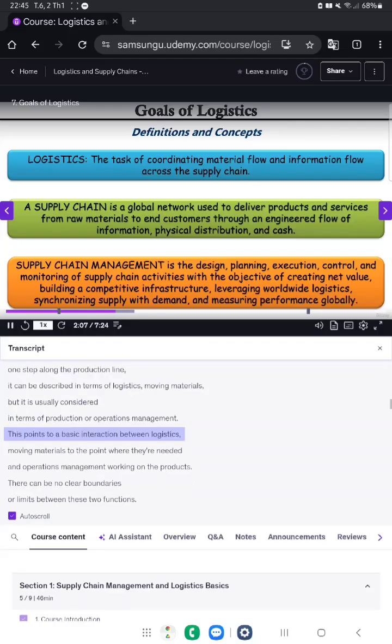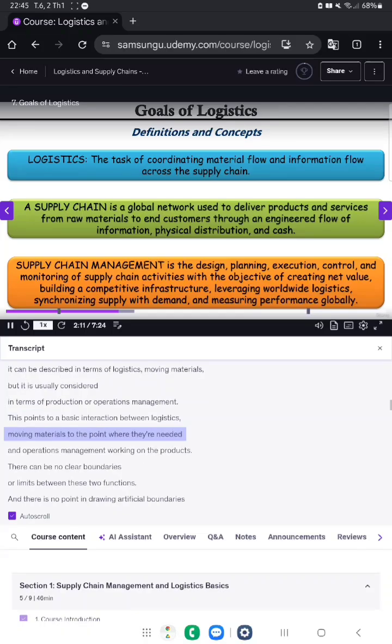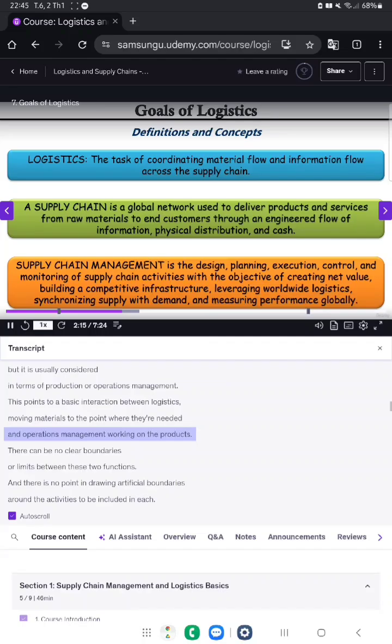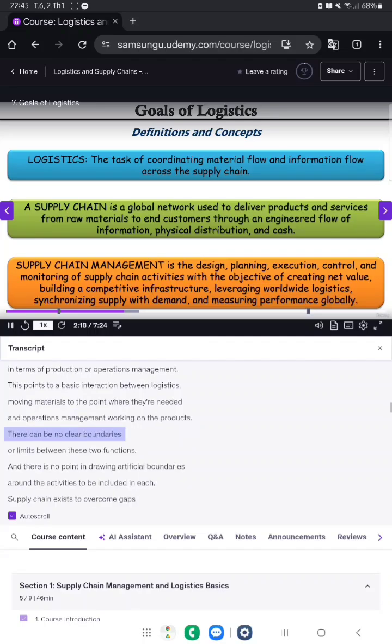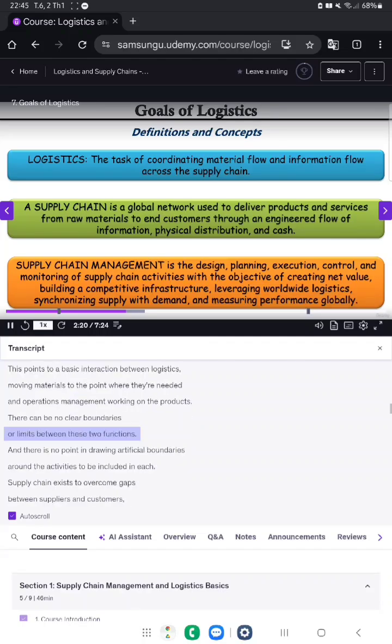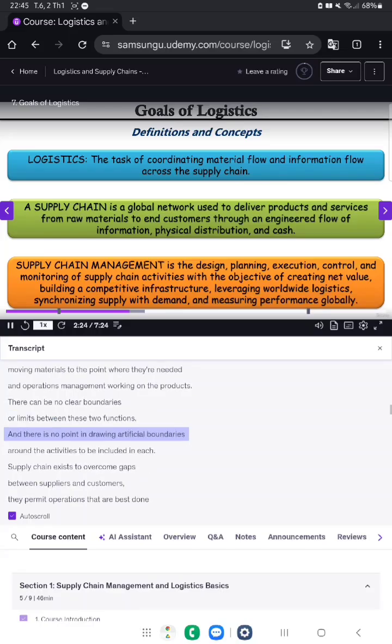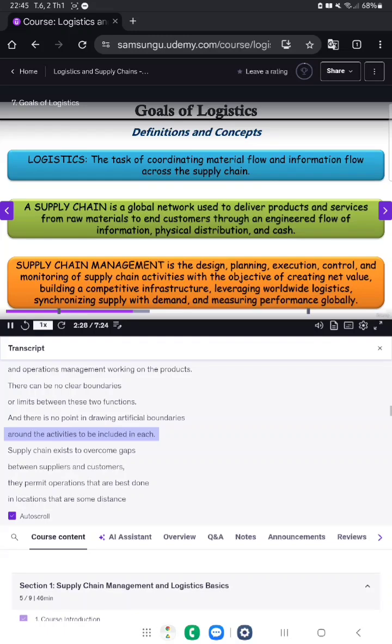This points to a basic interaction between logistics, moving materials to the point where they are needed, and operations management, working on the products. There can be no clear boundaries or limits between these two functions, and there is no point in drawing artificial boundaries around the activities to be included in each.